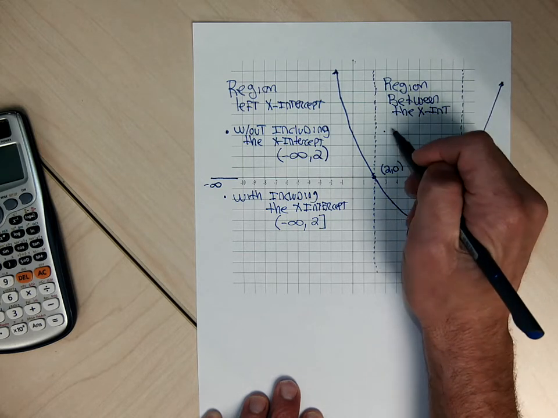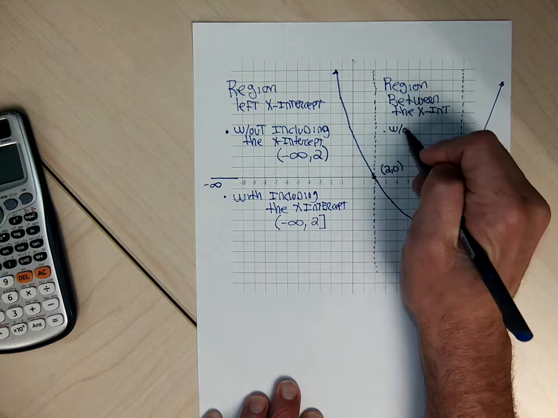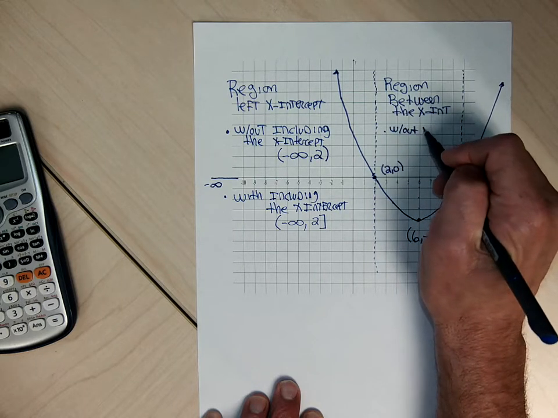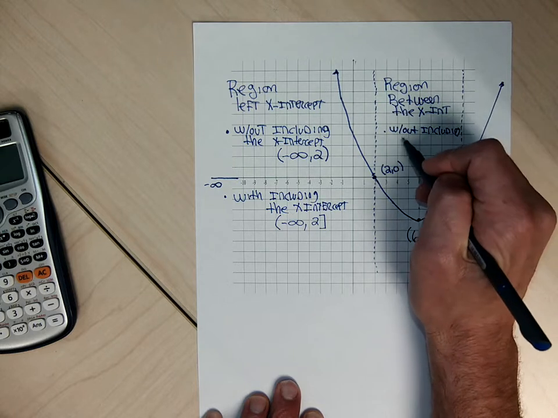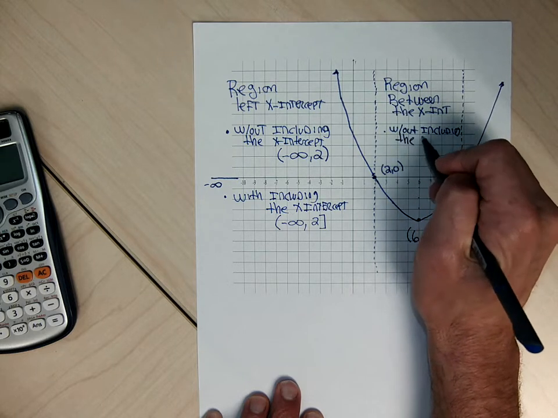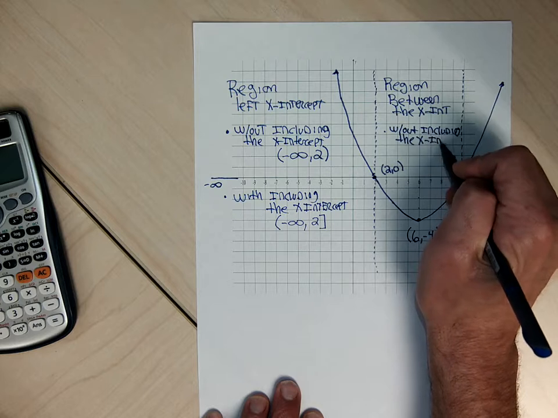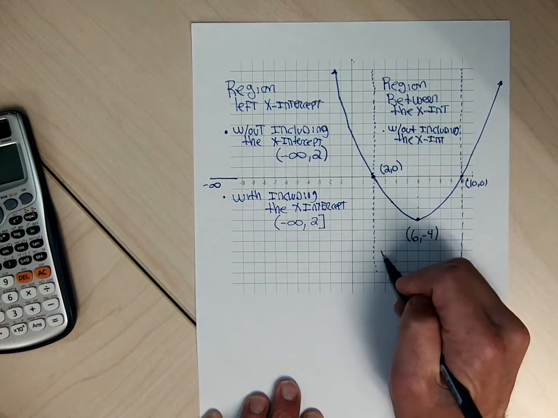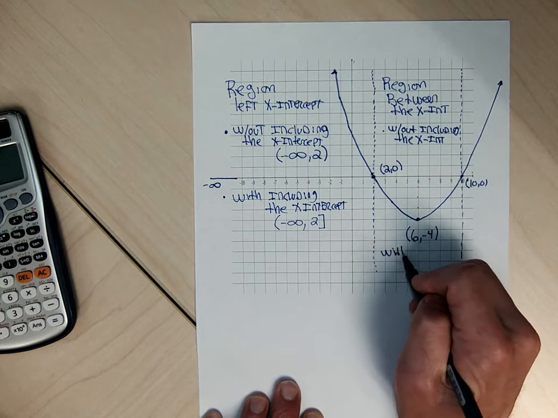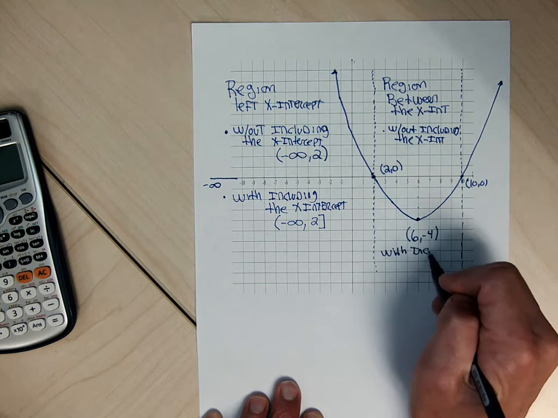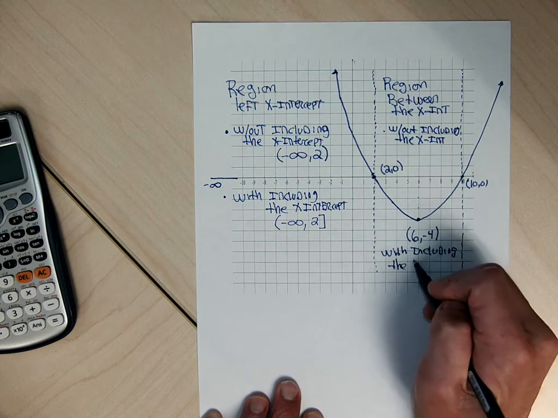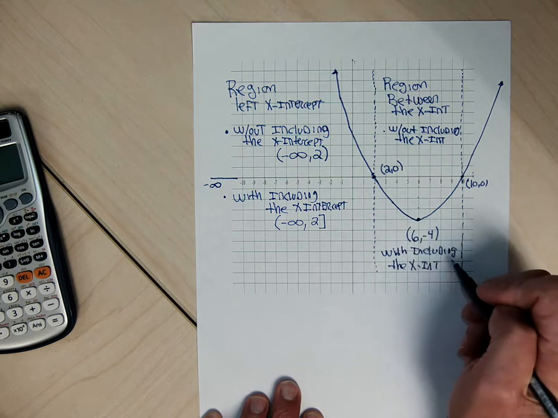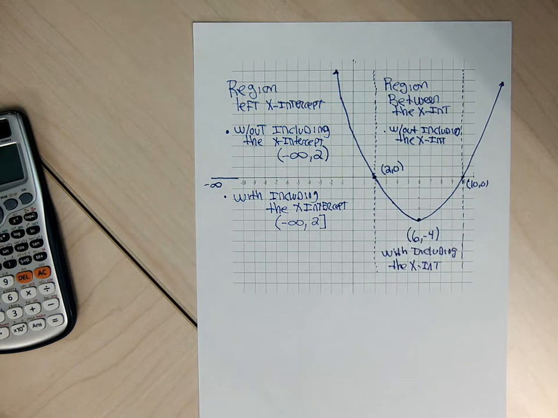And then first I want to do it without including the x-intercepts, and then with including the x-intercepts. And when I create these intervals, I'm doing them with x's and not y's.